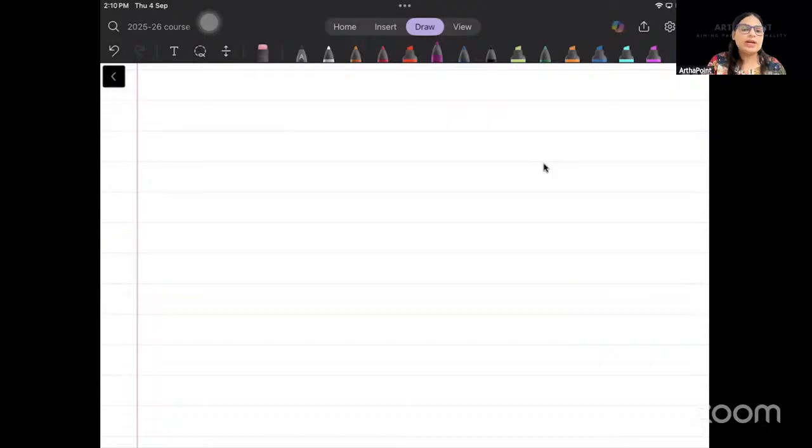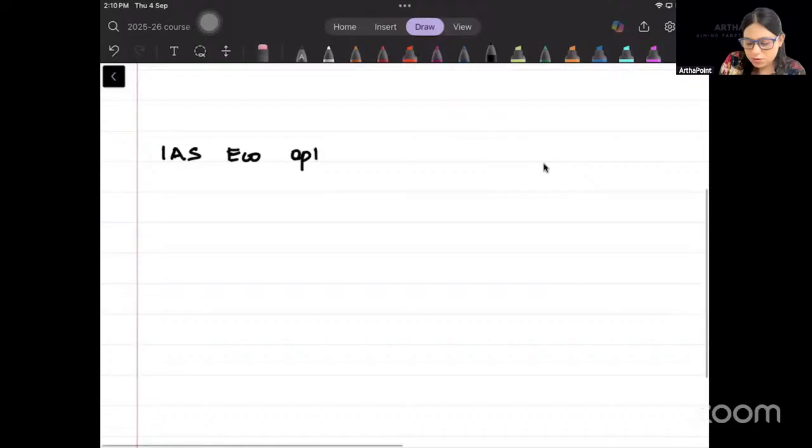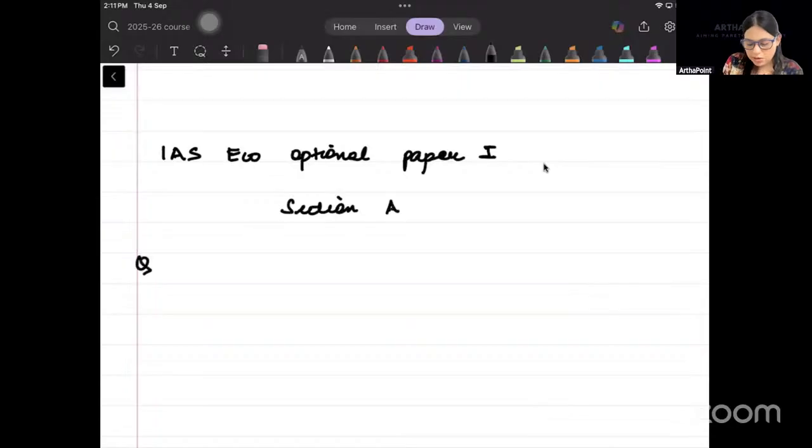Today I'm going to take the IAS Economics Optional question first. This is IAS Eco Optional Paper 1, Section A, Question 1A. Let's see what the question is saying.